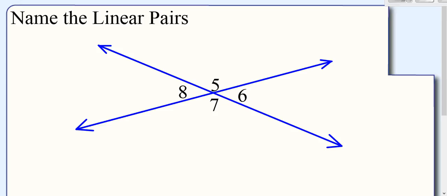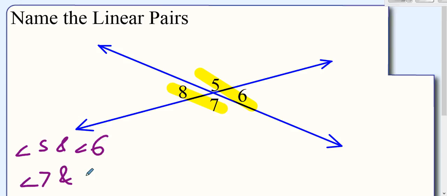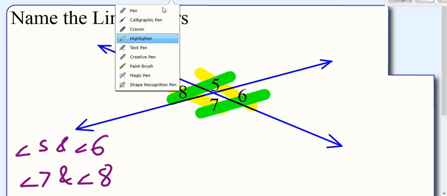You can take any two angles that make a straight line, so 5 and 6. Or you could go 7 and 8. Or you can get a little bit crazy and go 8 and 5, or 7 and 6.